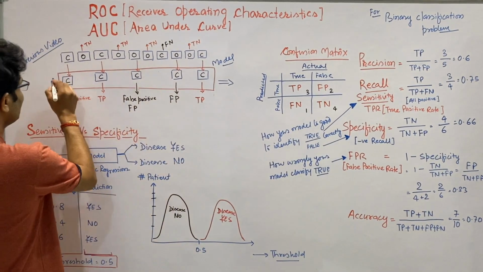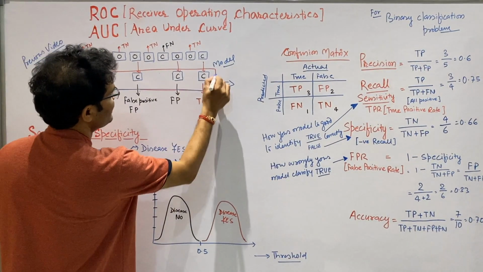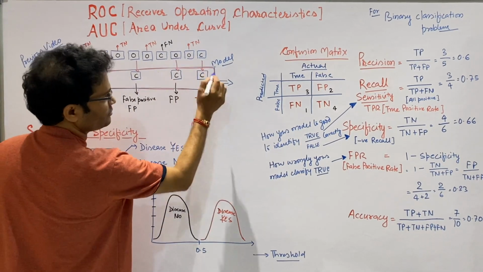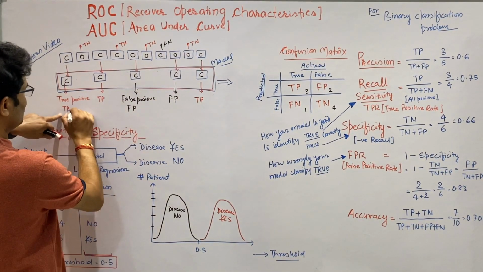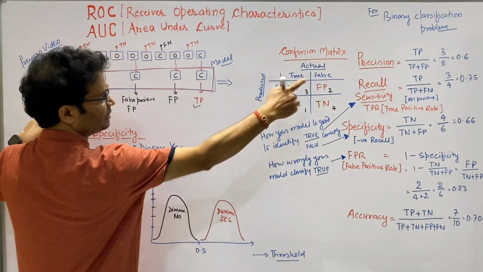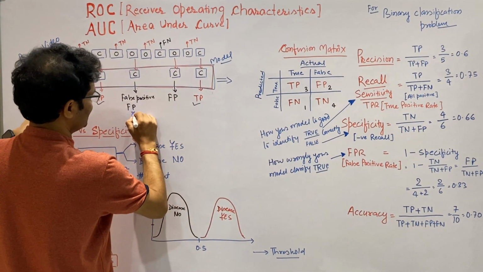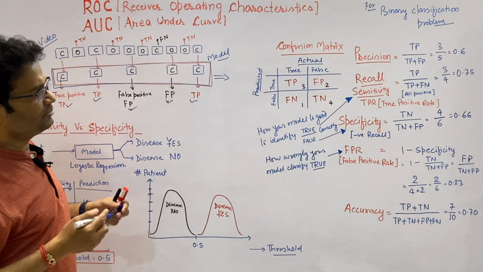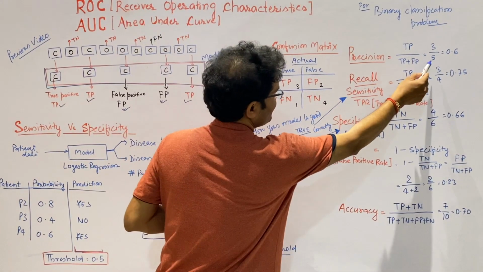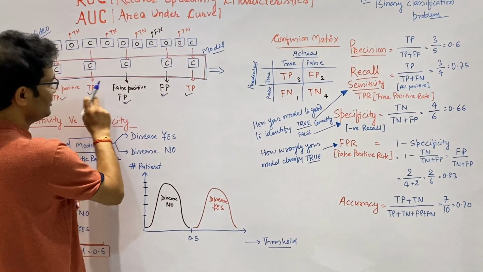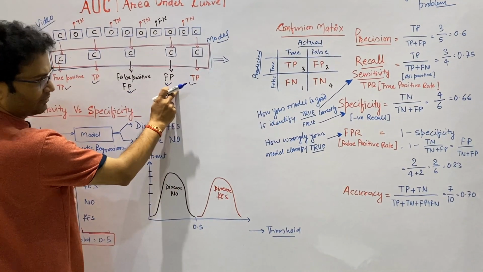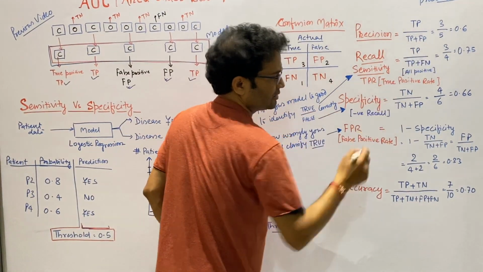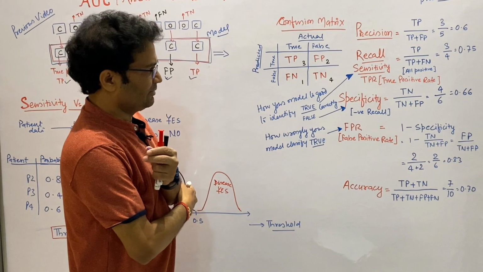We are considering the data inside the model output. We have 3 true positives and in total it predicted 5, so 3 by 5 is equal to 0.6, which is 60%.